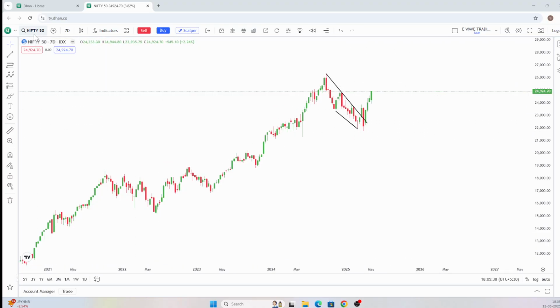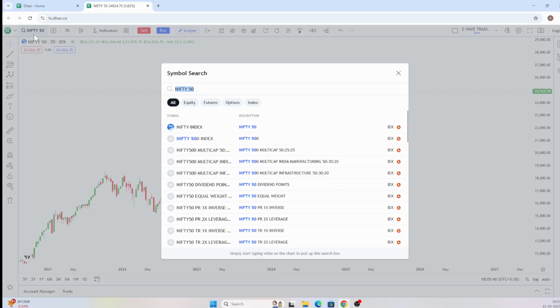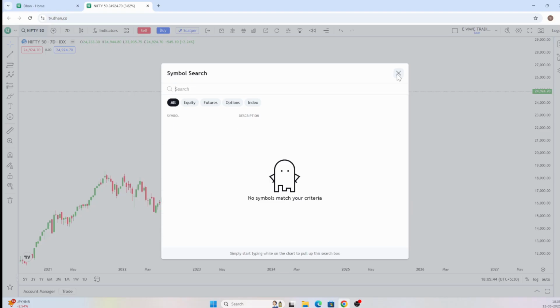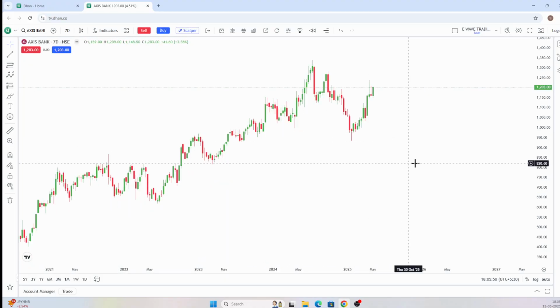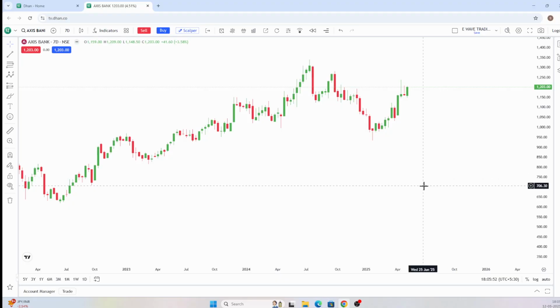For example, let's say we take Axis Bank now. When you see Axis Bank on the 7-day data, you can clearly see this is a hammer and this is bullish engulfing, and this is a basin.